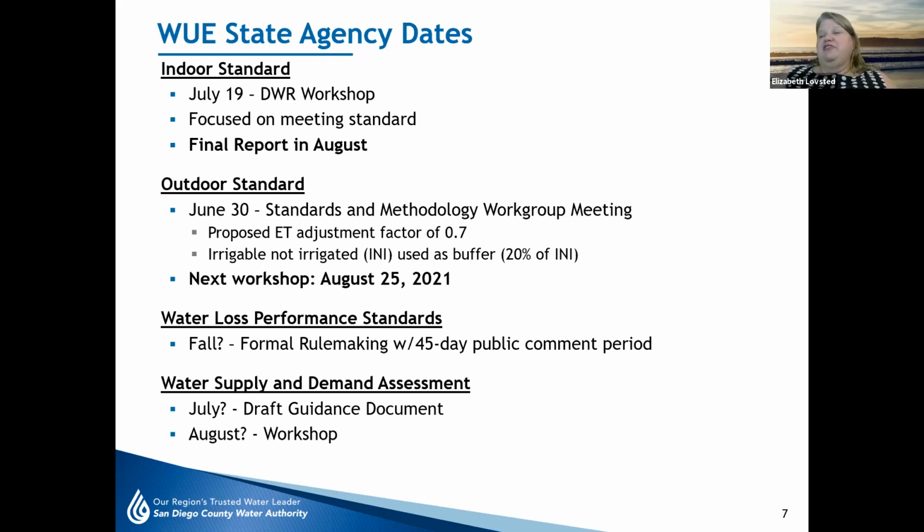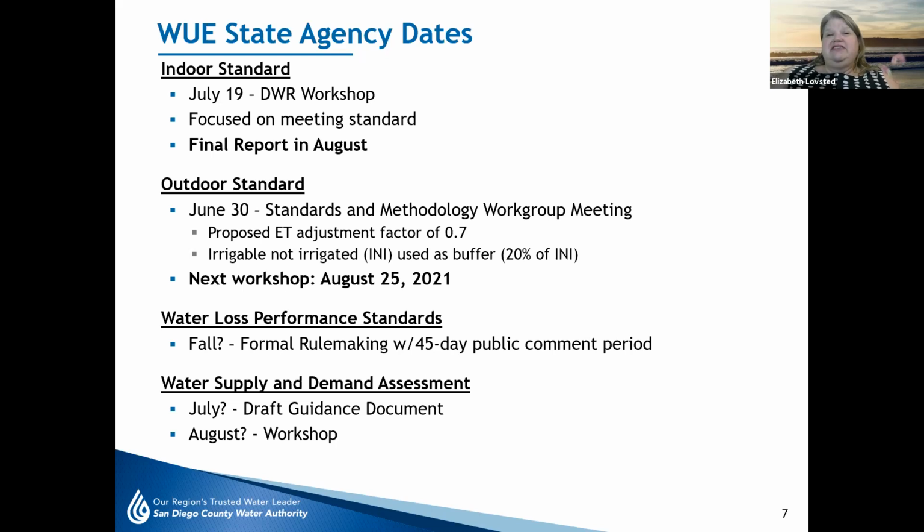They would use that as a buffer instead of including it in your target every time. And they're only going to use 20% of it as a buffer. So I'm going to go more into depth on the outdoor standards and what the proposal means. They have scheduled another workshop for August 25th. That one should look at the landscape area measurements and what changes were made, and maybe discuss those standards as well.